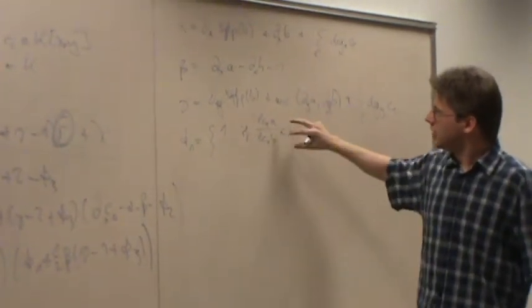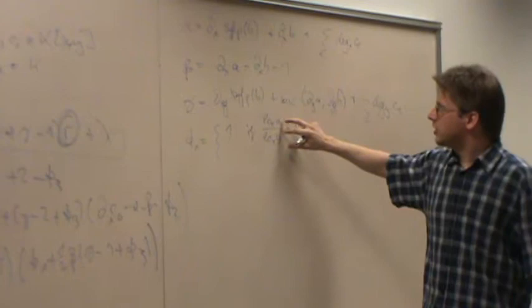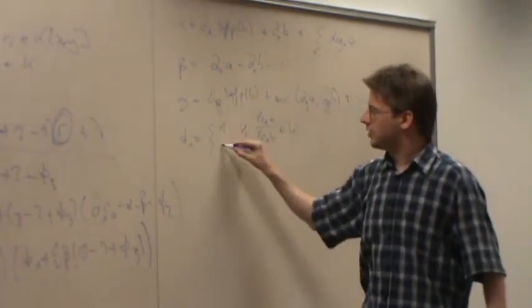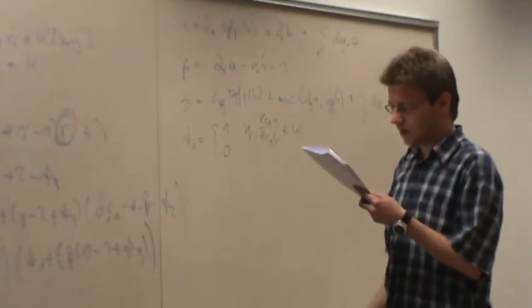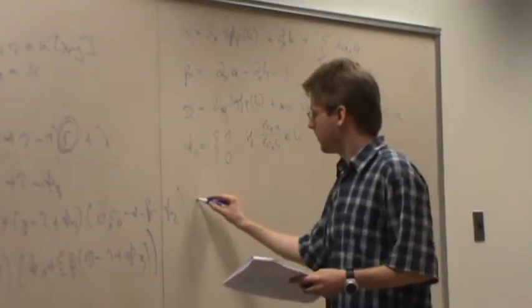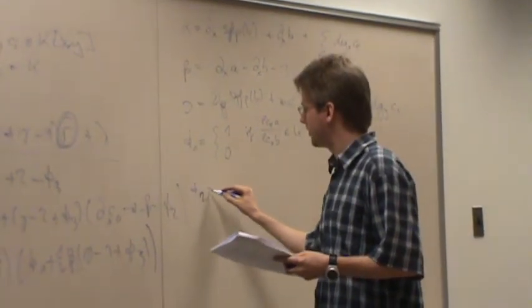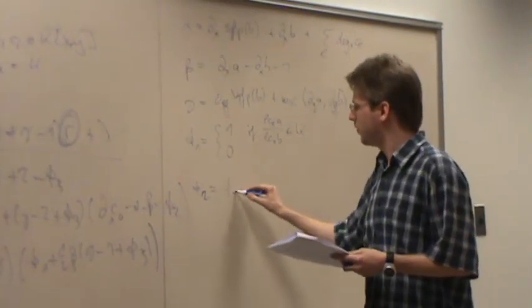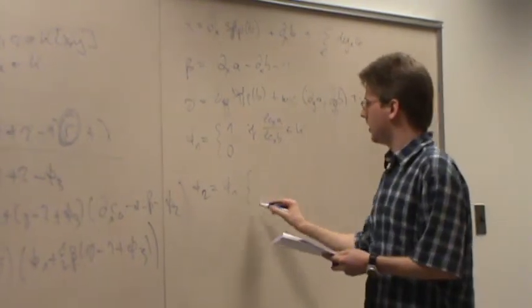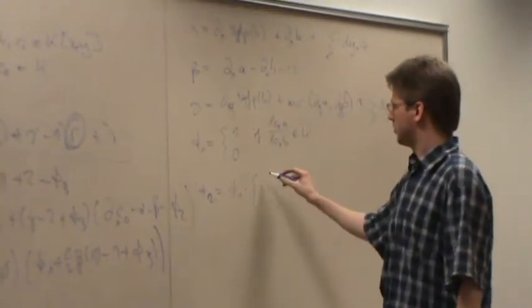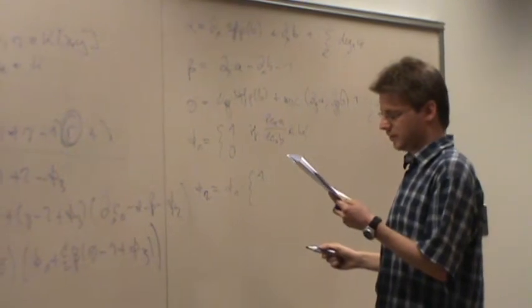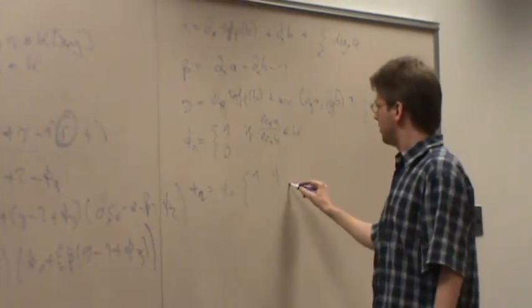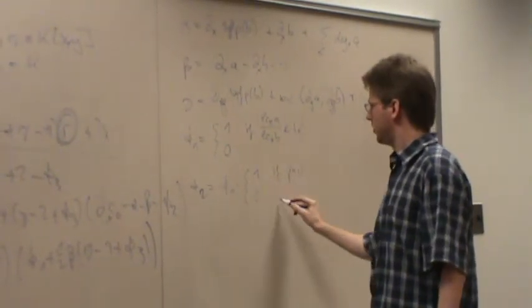But if they are just a constant multiple of each other, then this is 1, and otherwise it's 0. And phi 2 is the same as phi 1 times a check whether beta is 0. So it's 1 if beta is 0, and 0 else.